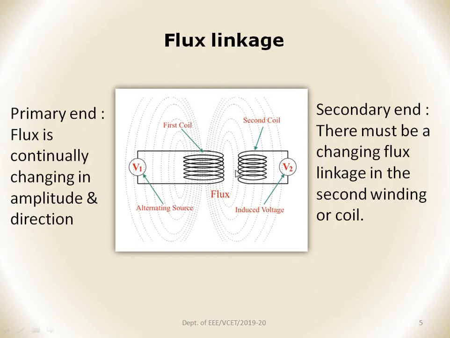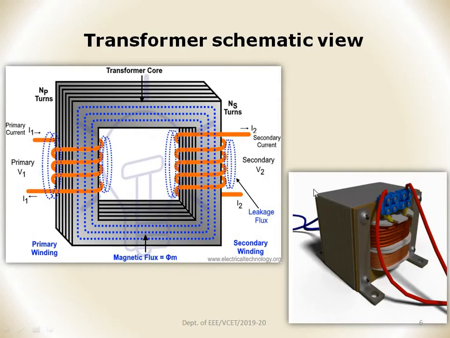It means that they are electrically isolated, whereas they are magnetically coupled. So even though they are physically separated, they are magnetically linked when an alternating source is applied to the primary end. And this is the schematic view of the transformer.